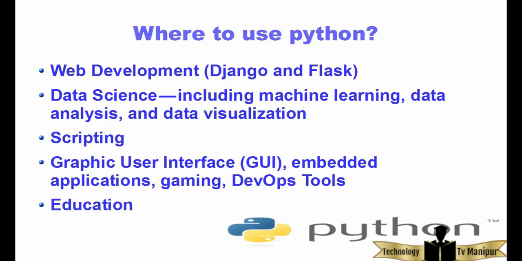That means if you are doing prototyping, it's really efficient to use Python. Python is also used in the development of graphical user interfaces, embedded applications and DevOps tools, and Python is really easy to learn. It's used for educational purposes as the first programming language for teaching programming.